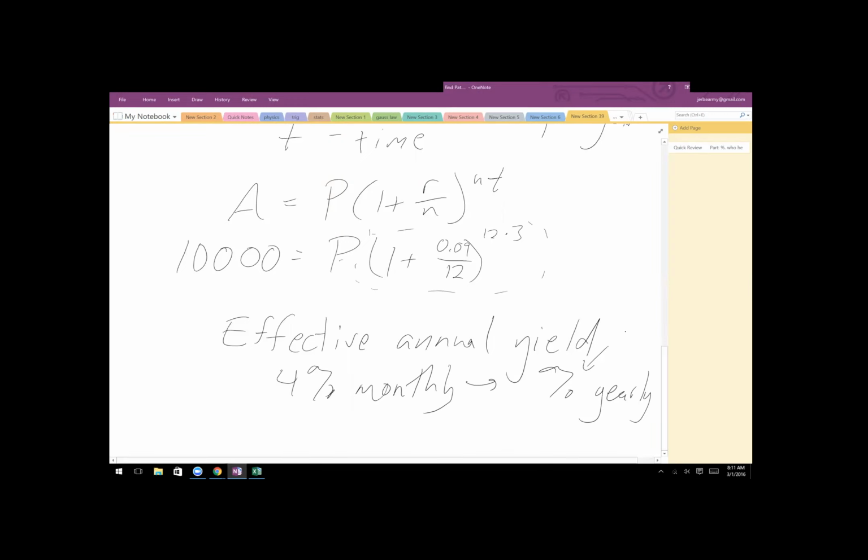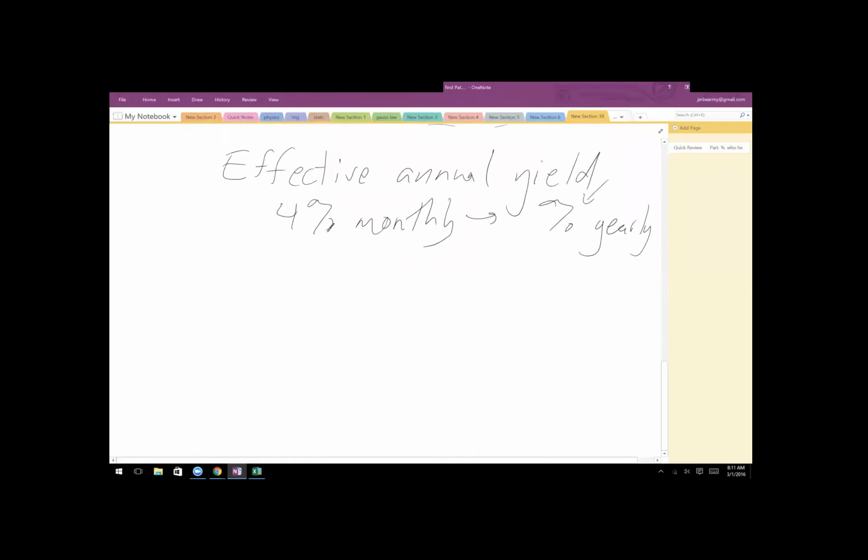To actually do it, it's really easy. You just say, if I did 4% monthly, in 1 year I would have 12 times 1 compounding periods. That would be what I multiply my principal by for 1 year. It'll be 1 point something, and whatever this point something is, that's the annual interest rate.